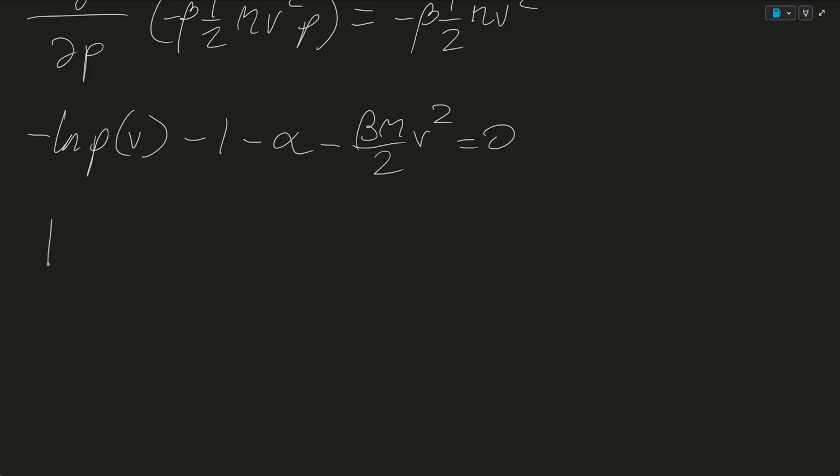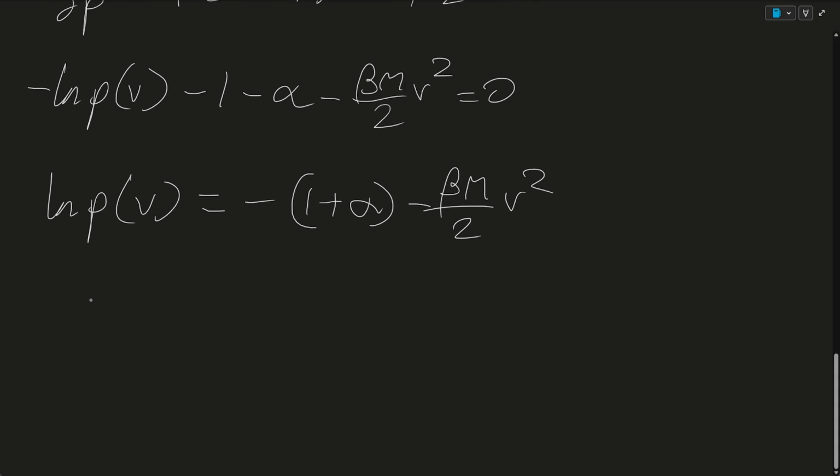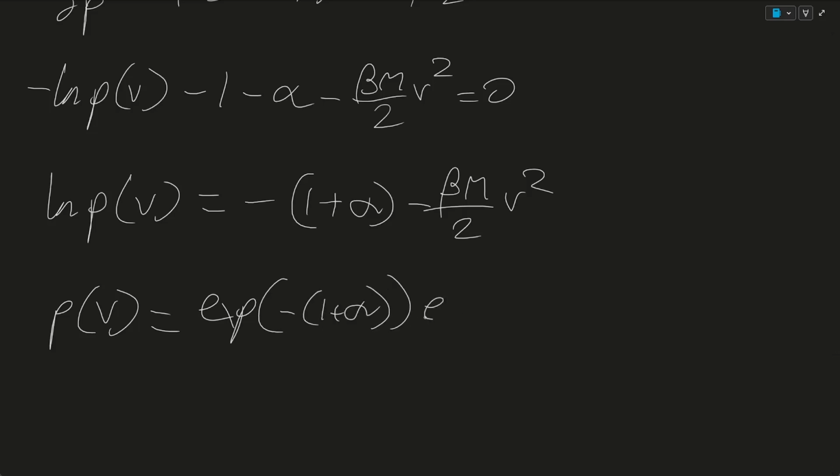So ln P(v) is minus, I'm going to take the minus out of both of those, 1 plus alpha minus beta m over 2 v squared. And we exponentiate both sides, so P(v) is the exponential of minus 1 plus alpha, times exp of minus beta m over 2 v squared.